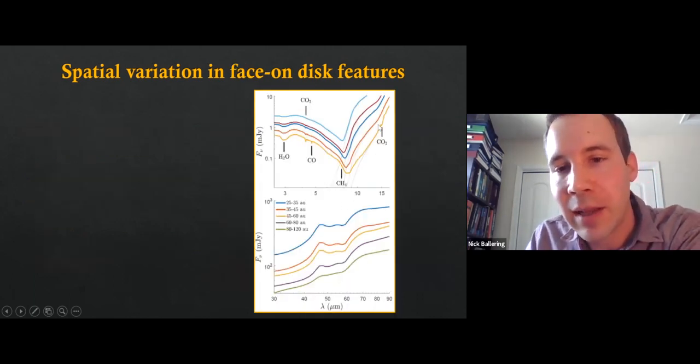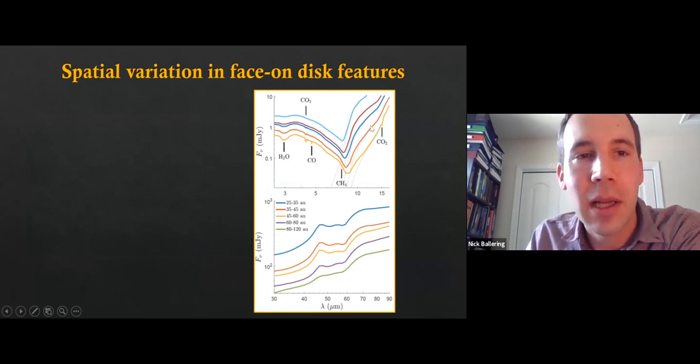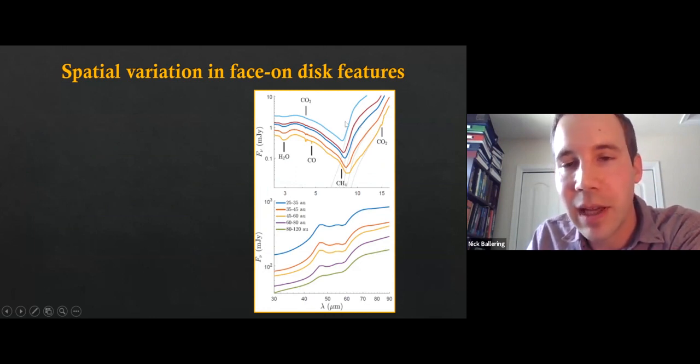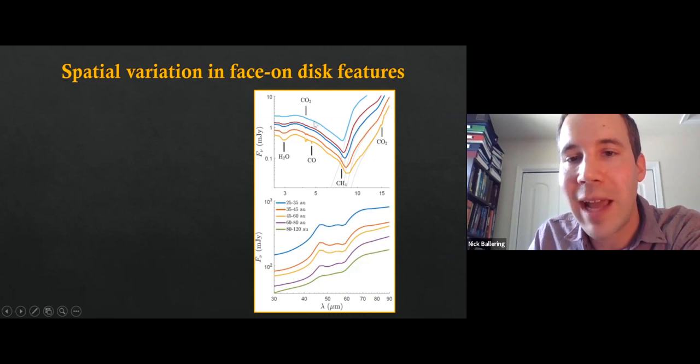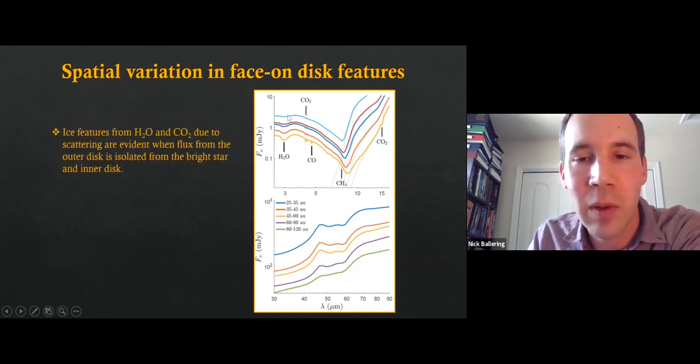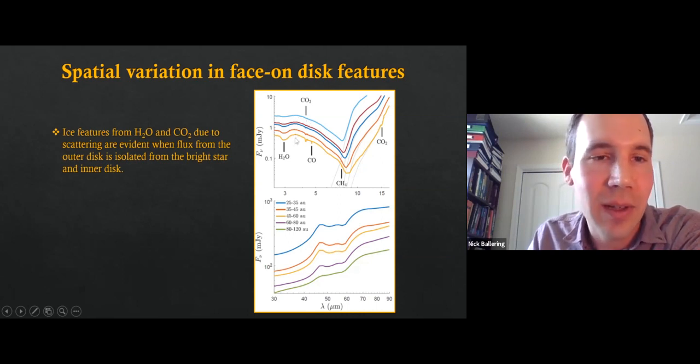So now I'm looking at a face-on disk, and again, looking at the spatial variations of the ice features. And so now I'm plotting what you would see if you looked at a face-on disk with different annular apertures. So this is an annular aperture from 25 to 35 AU and going out towards the edge of the disk.